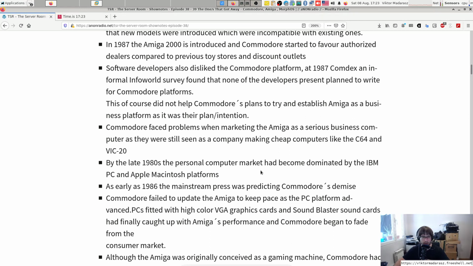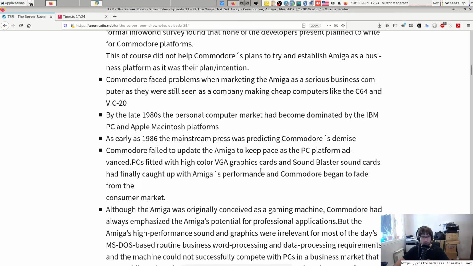As early as 1986, the mainstream press was predicting Commodore's demise. Commodore failed to update the Amiga to keep pace as the PC platform advanced. PCs fitted with high-color VGA graphics cards and Sound Blaster sound cards had finally caught up with Amiga's performance, and Commodore began to fade from the consumer market.